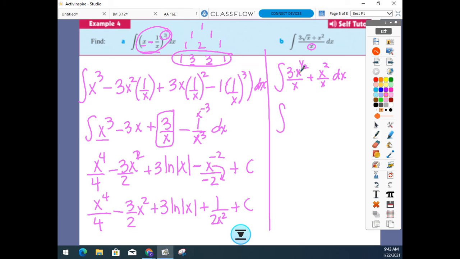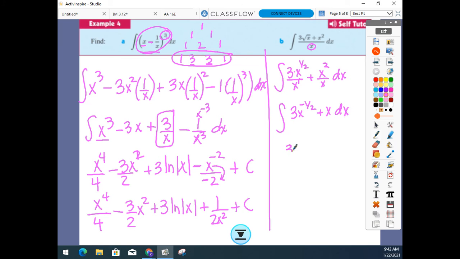If I have x to the 1/2 divided by x to the first, I'm going to subtract exponents, and that's x to the negative 1/2. When you divide bases, subtract the exponents. 1/2 minus 1 is negative 1/2, plus x squared over x is just x. So this is now written as a power, so we can just use our power rule.